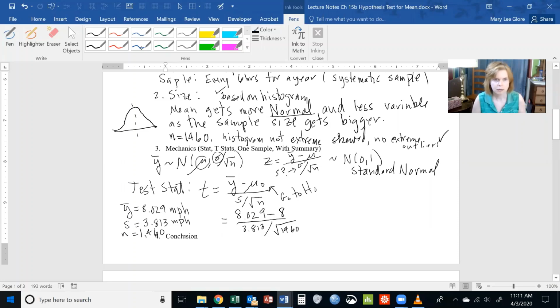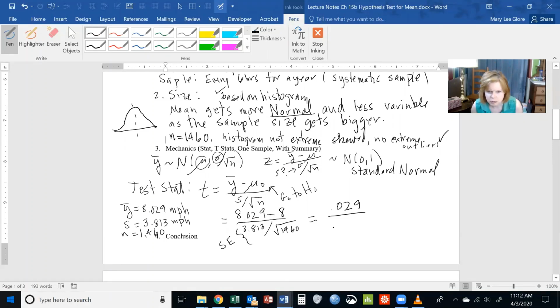On the top we have that difference, 0.029, which is how much higher than 8 my sample was. On the bottom, this thing is called the standard error. It's my estimate of the standard deviation, just like we had for the confidence interval.